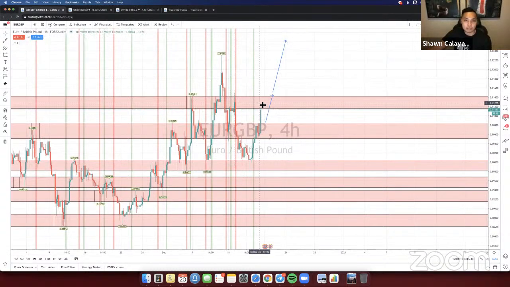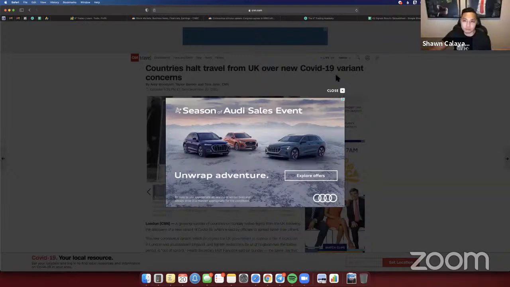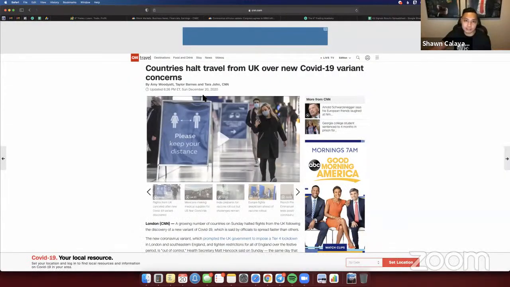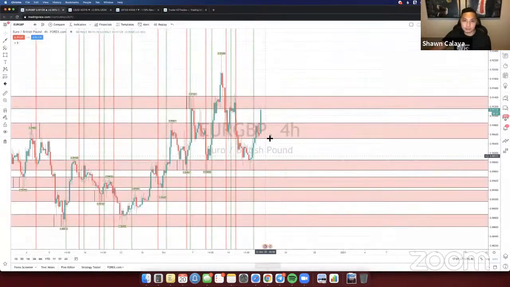And this is going to be directly correlated with the COVID news, like I just mentioned. Obviously the UK, they're going through some bad times right now with the new COVID variant. So with all of their flights being halted, and with the complete country going to full lockdown, this is going to weaken the GBP. So if the GBP gets weak, it's going to continue up even further and just break through here.